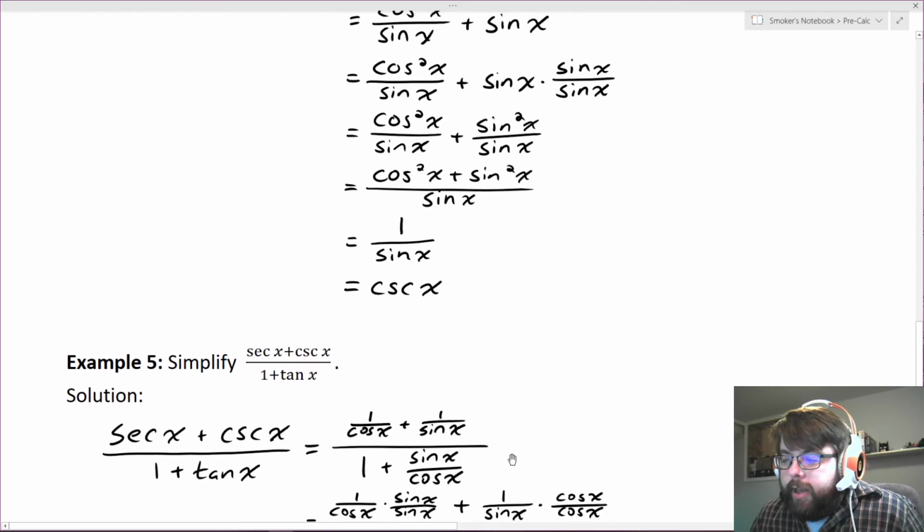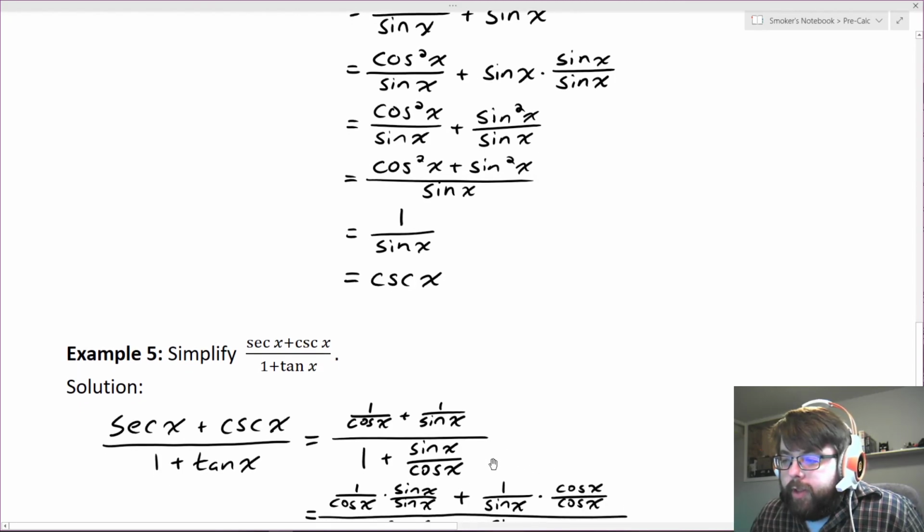Again, this is 1, so I'm not changing anything. But what I'll get in the denominator of both is sine times cosine, since multiplication is commutative. And in the numerator, I'm going to get sine on this one and cosine on this one.